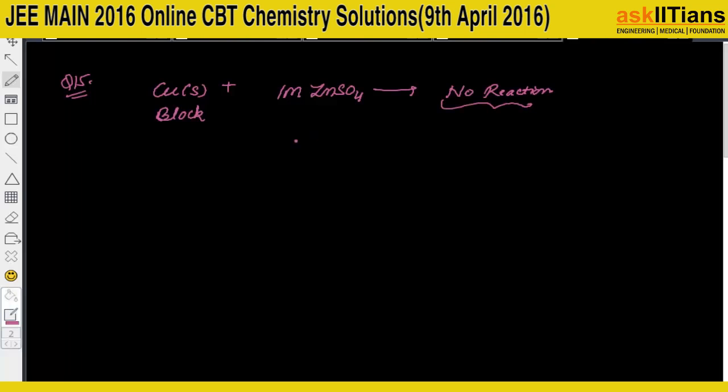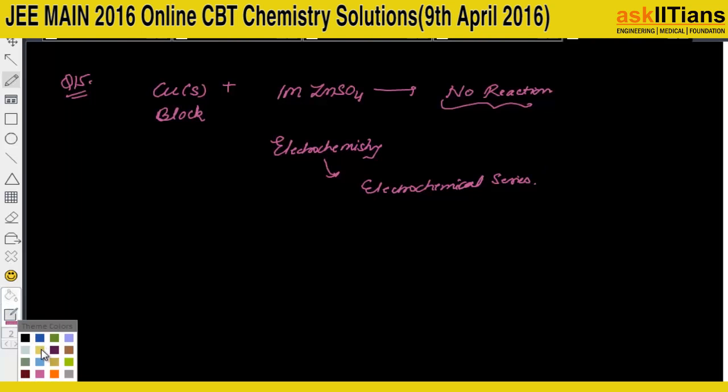Why is this so? Because in the chapter electrochemistry, you must have studied something about the electrochemical series. Now, the electrochemical series basically tells you how the metals are going to react with each other.